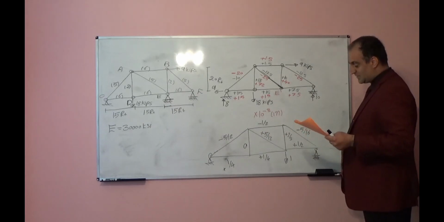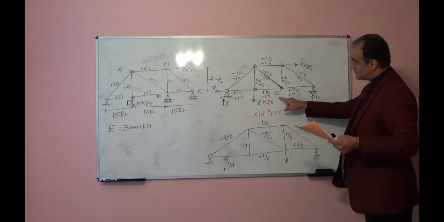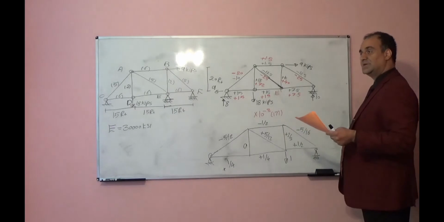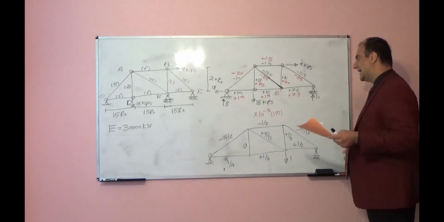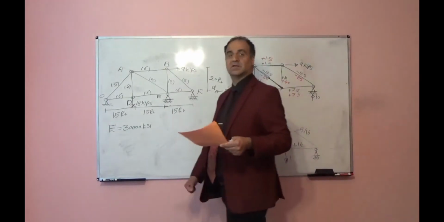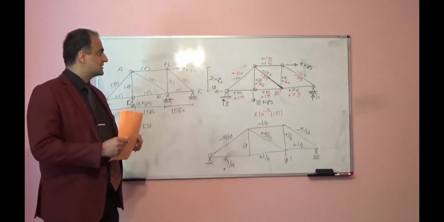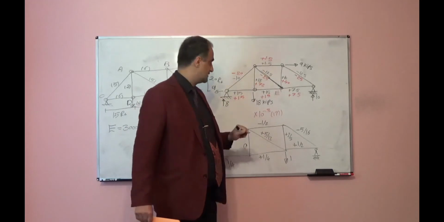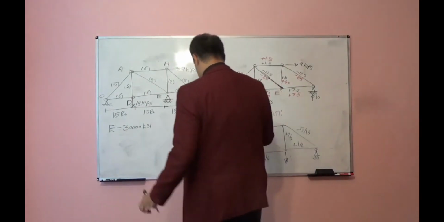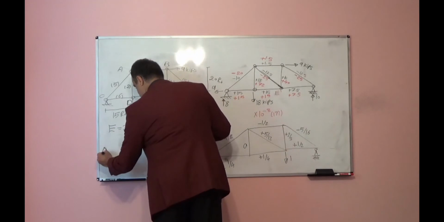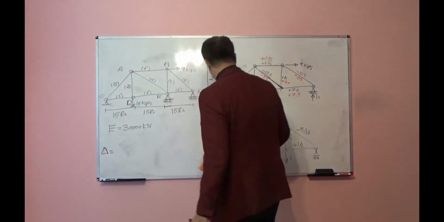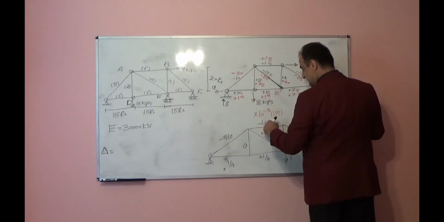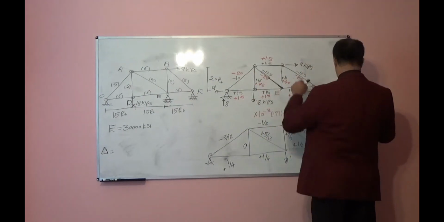Now if I multiply these loads to this elongation, the black one to the red one, for each member one by one, and I add it, what will I find? I will find the vertical deflection at point E under real load. So here I can write delta is equal to, you will multiply this to the red, this to the red, this to the red.